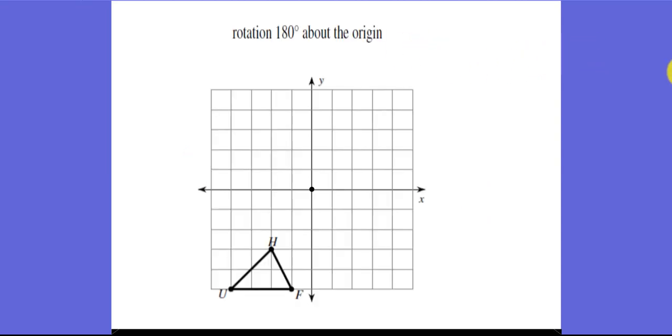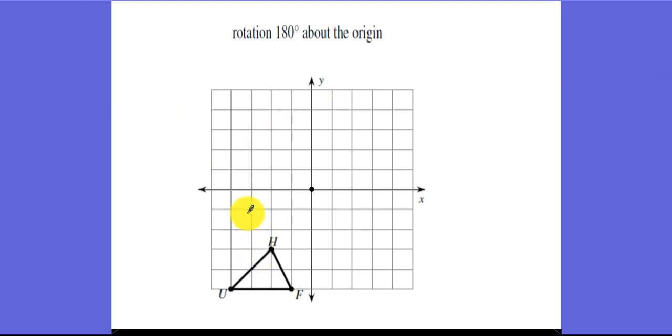Let's have 180 degrees. Now for 180 degrees, we don't need to know whether we are going to rotate clockwise or counterclockwise, because either way, the object is going to end up on the same quadrant. So for example, if I'm going to rotate this triangle 180 degrees about the origin, I know that I have to move this 2 quadrants.